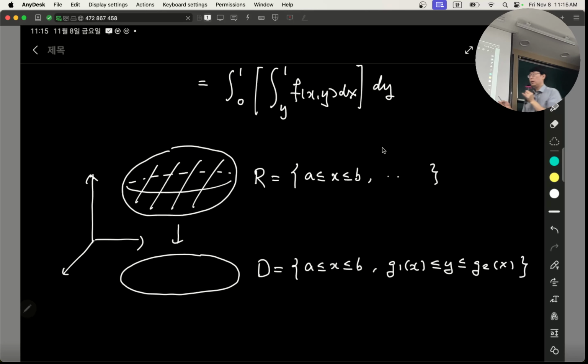But instead of doing that, what you can do is take slices of the region D underneath, and on top of these slices of D, there are long cubic regions in R which approximate the region R. Then you take the integration over that long volume. That's what we are doing here.